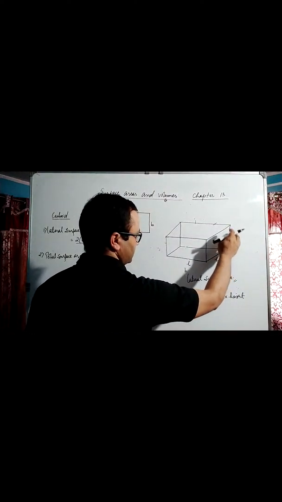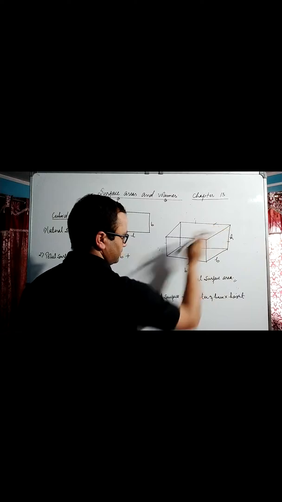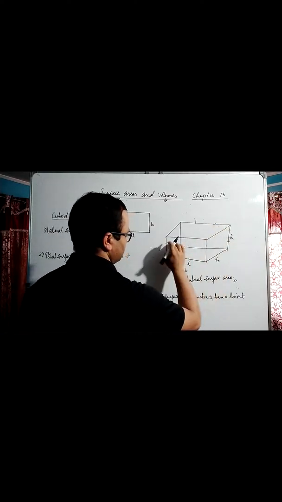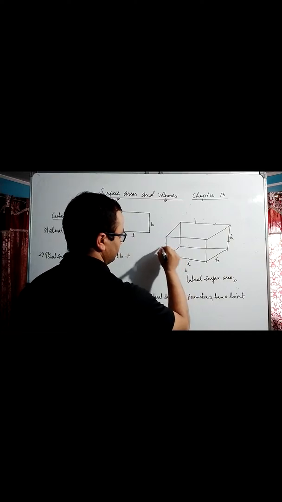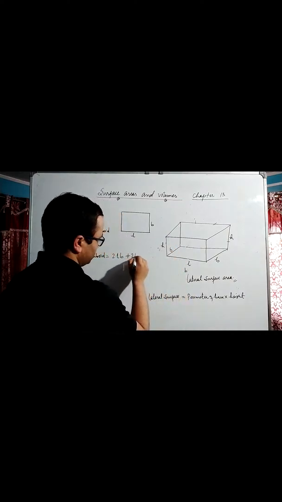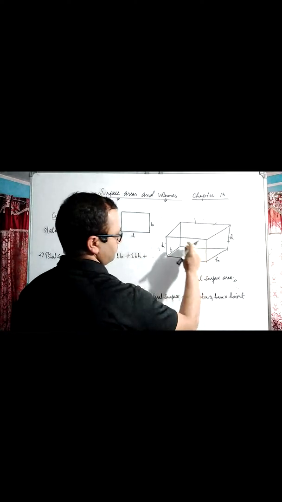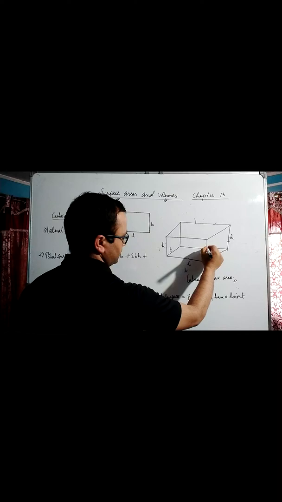B into H is the area of this face. So how many B into H are there? It is also B into H, so 2BH, plus now the front face and back face.